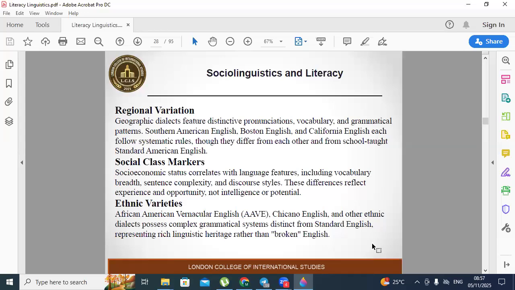They've developed over generations in specific communities and serve important identity and solidarity functions. They are not broken English, not errors to be eradicated, but legitimate language varieties deserving respect.